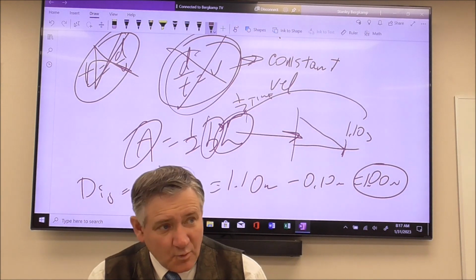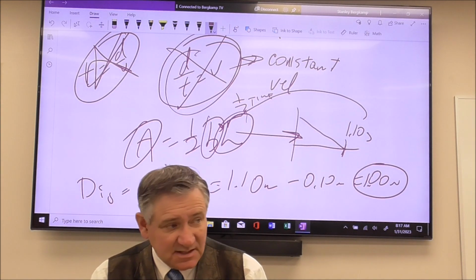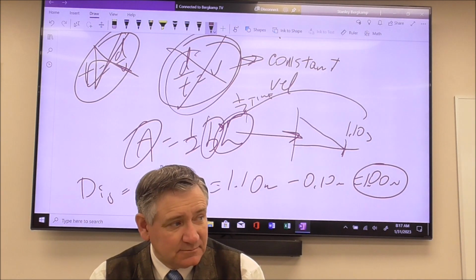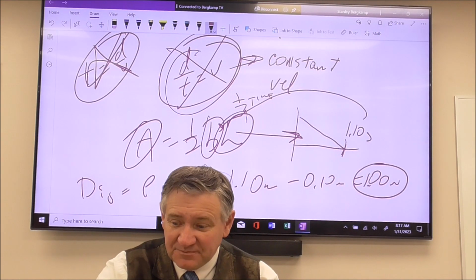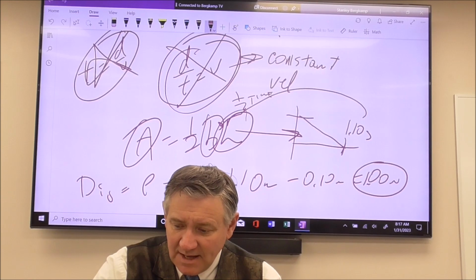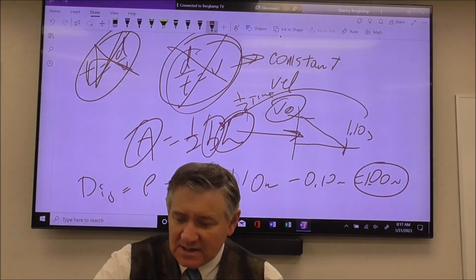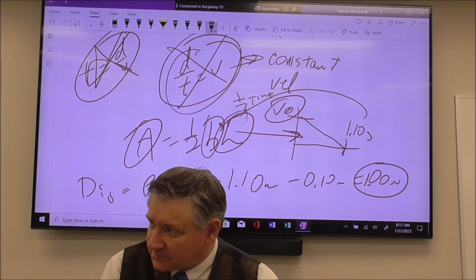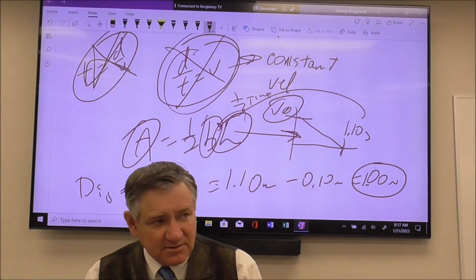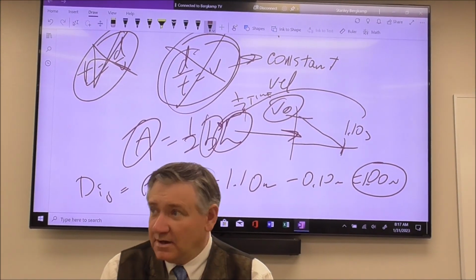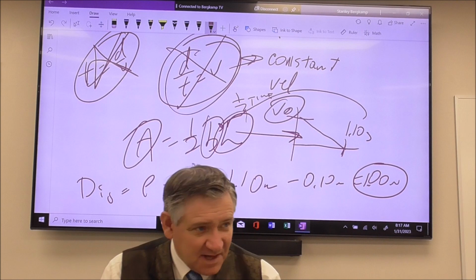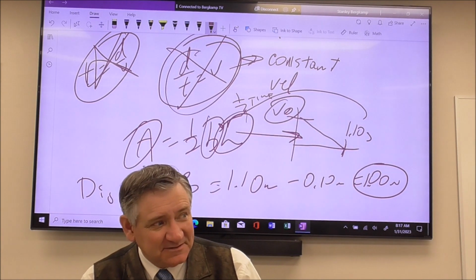What is that going to represent on the velocity time graph? Yeah, my initial velocity. So when I find this height, that's going to represent my V naught. I'm going to know how fast this thing was going at the beginning. So we're not going to measure the velocity, but we're going to find it.